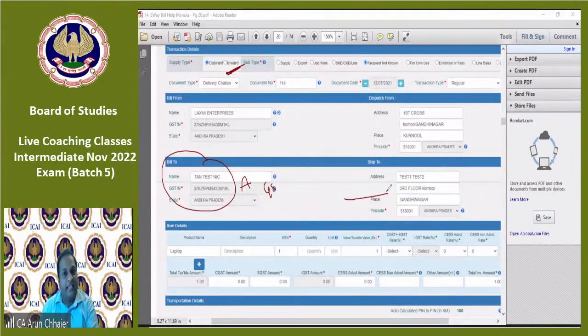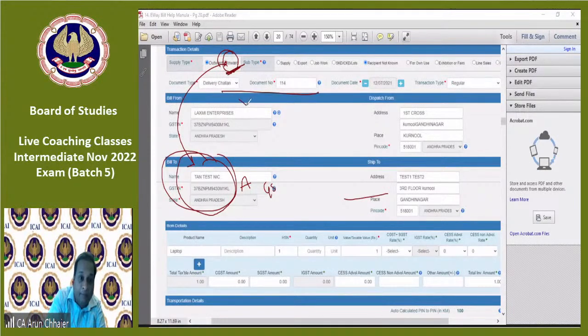How will he generate the e-way bill? First, he will select inward, the corresponding commercial invoice document number, and then he will enter. Automatically the bill to name will come because he has selected inward. So automatically in the two, A's name and GST number and address will come.